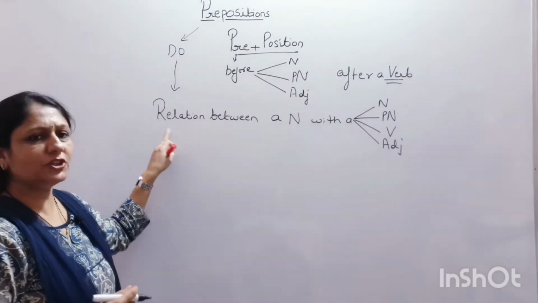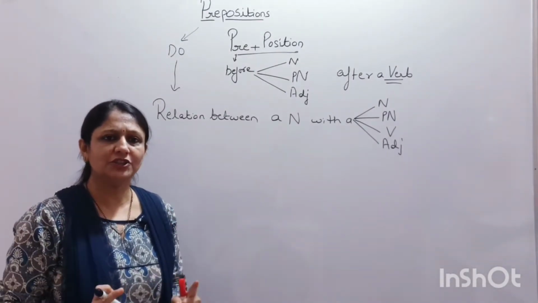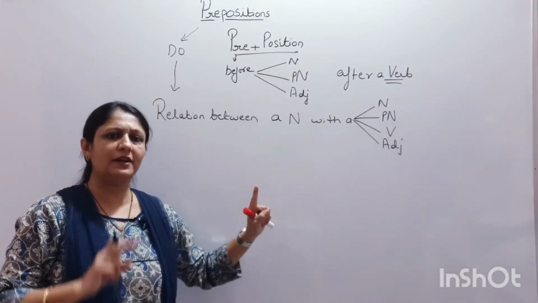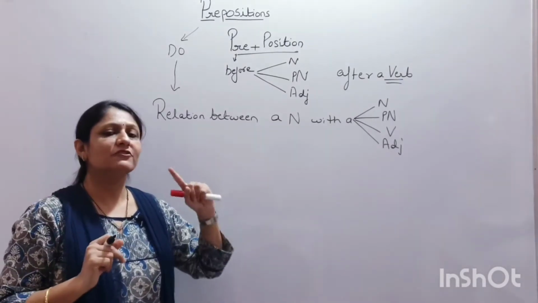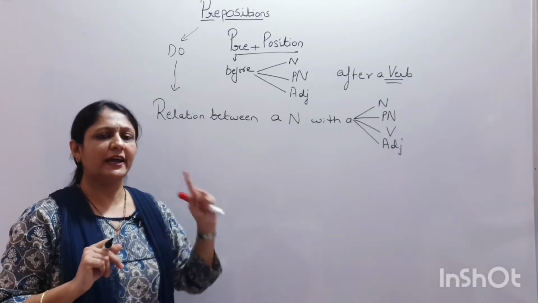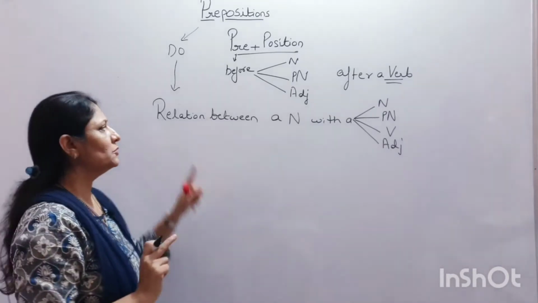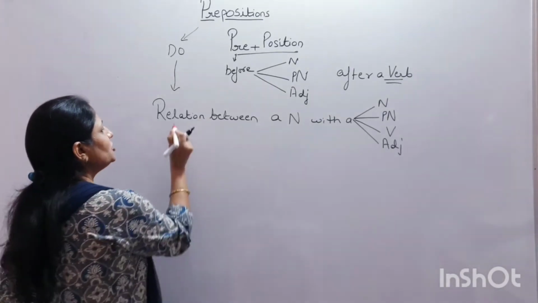So, a preposition tells the relationship between one noun and another noun, one noun and a pronoun, a verb and a noun, an adjective and a noun. This is what the preposition does.